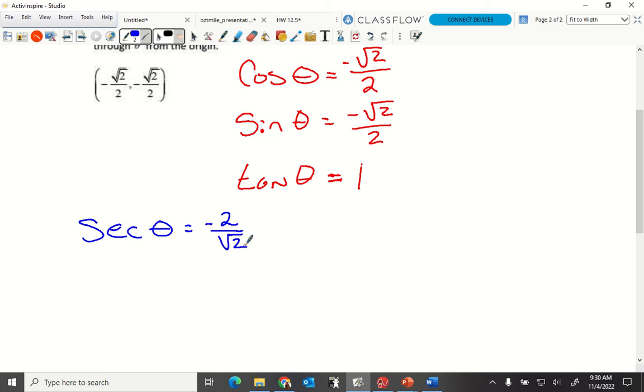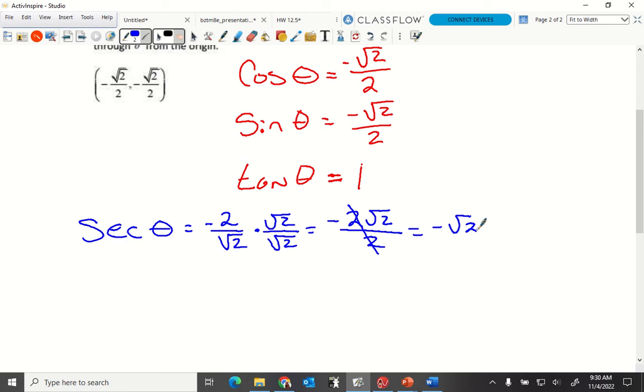Yes, we have to rationalize because we cannot have a radical in the bottom, right? So let's multiply top and bottom by rad 2, which is going to give me negative 2 rad 2 over 2. And what's going to happen to those 2's? They cancel out, so it's just negative rad 2. Isn't that nice? What's that called again? Rationalizing.